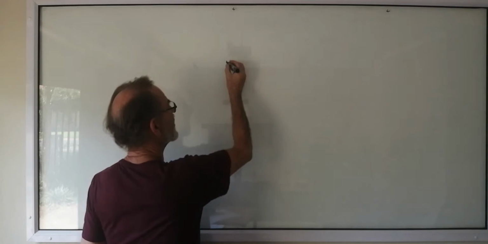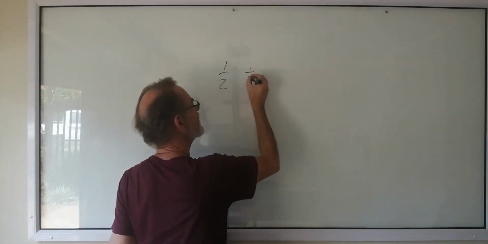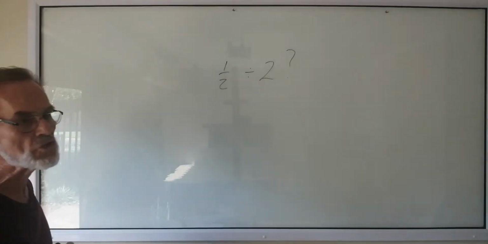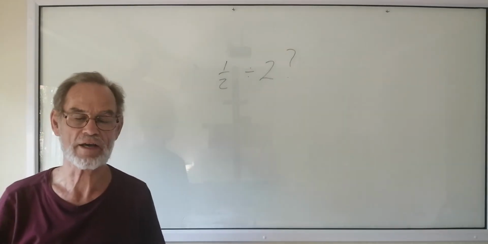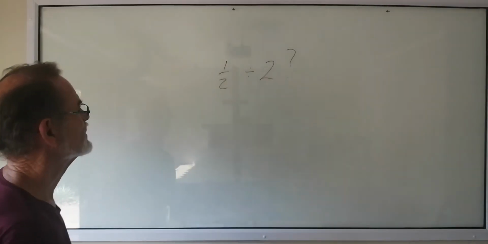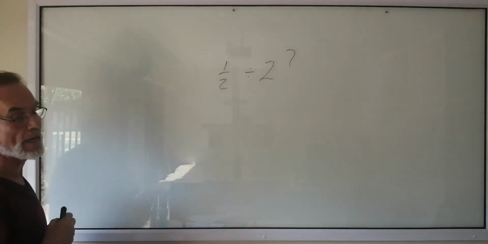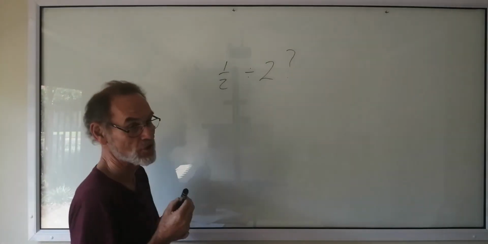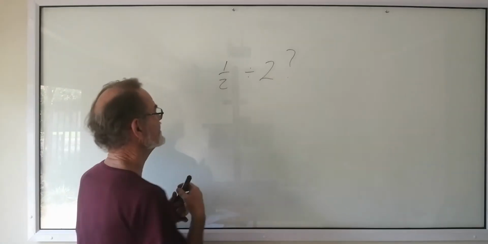What is a half divided by 2? How many 2's are there in a half? I don't really know how many 2's are in a half. There's not many, I can guarantee you.